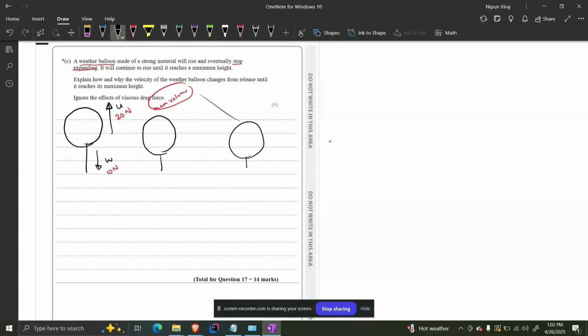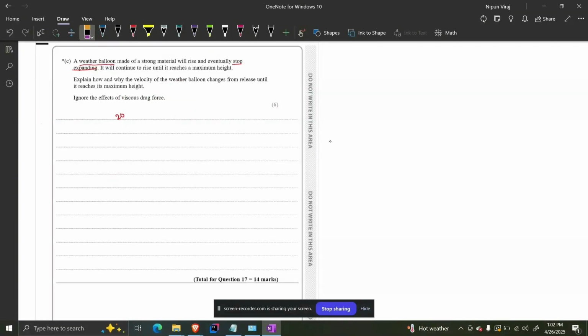In this situation, the density of the air decreases, but the volume will increase, and it will try to maintain the upthrust at a consistent value. So let's think about it like this. First, suppose the balloon is here. Then upthrust is 20, weight is 10. And suppose the balloon is here, still the upthrust is 20, weight is 10.